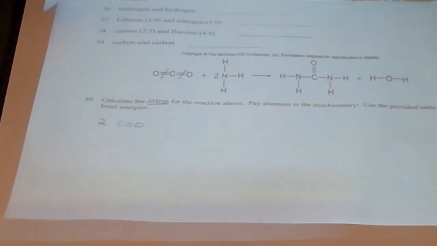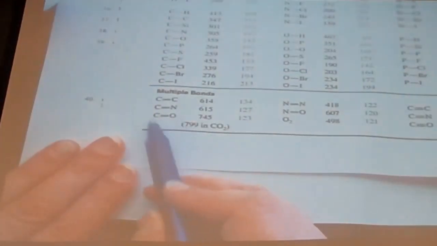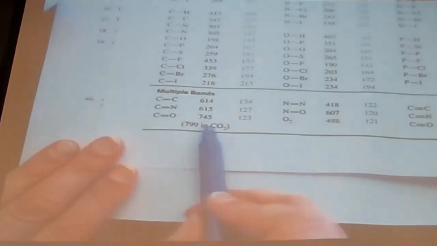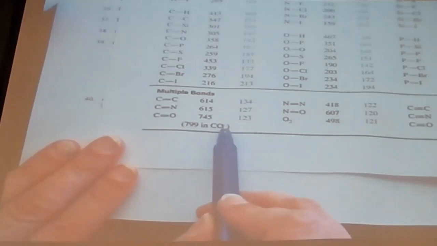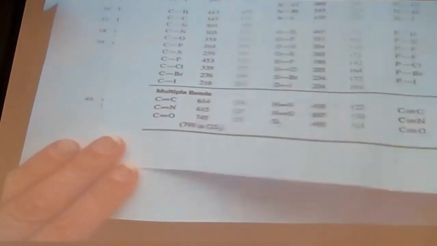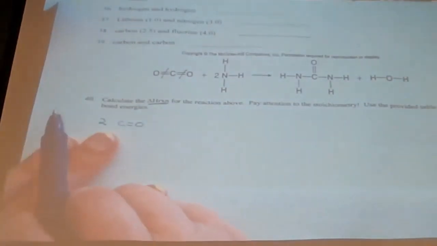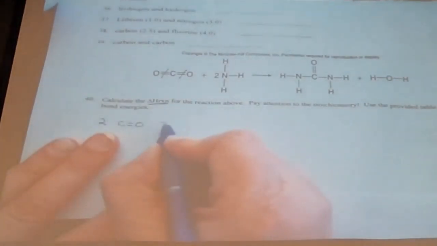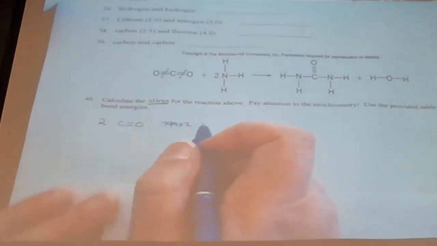And so then I look at my chart here, and what I'll notice is that for carbon dioxide, this is the one that's a little bit weird. It says 745, but then underneath it says 799 in carbon dioxide. I'm going to go back here and I'm going to say, well, by golly, this is a carbon and 2 oxygens. That's carbon dioxide. So I'm going to have 799 times 2. Okay.